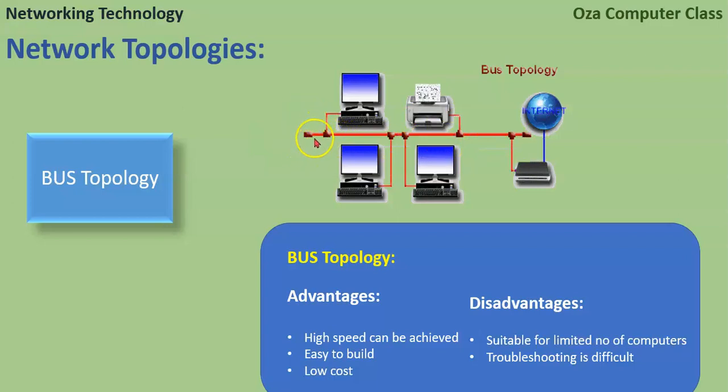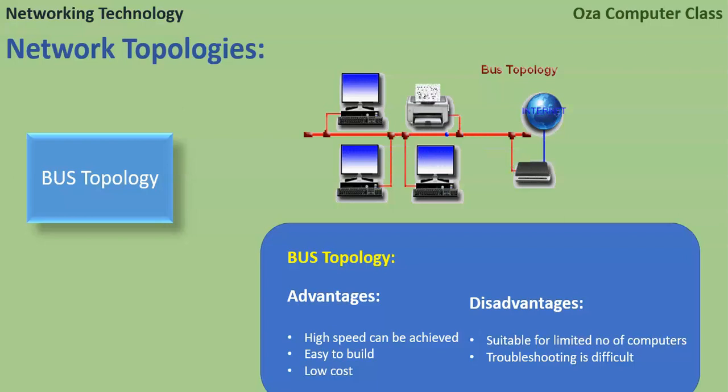Another important thing to notice here is there is a terminator at both the ends. A terminator is required because when you are sending some signals from this computer to another computer on the LAN and there is no recipient, meaning you don't have the proper address. Suppose by mistake I typed something in a browser, www.something.com, which doesn't exist, then for what time should this request keep on searching for the destination?